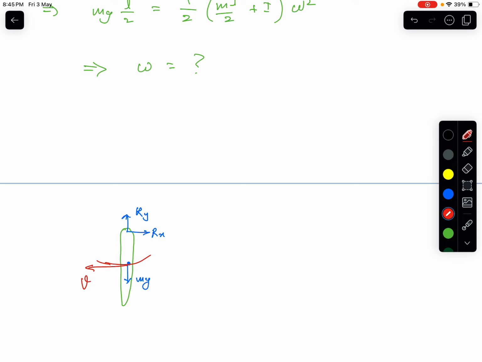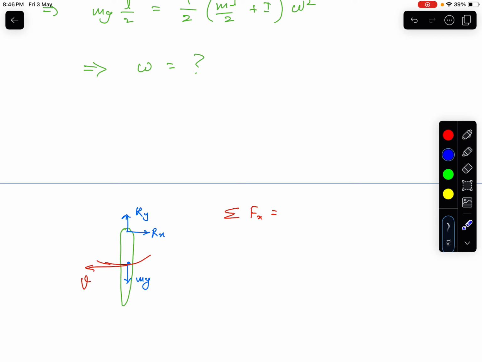So net force in x direction is equal to... in this situation we have to solve for the three unknowns.